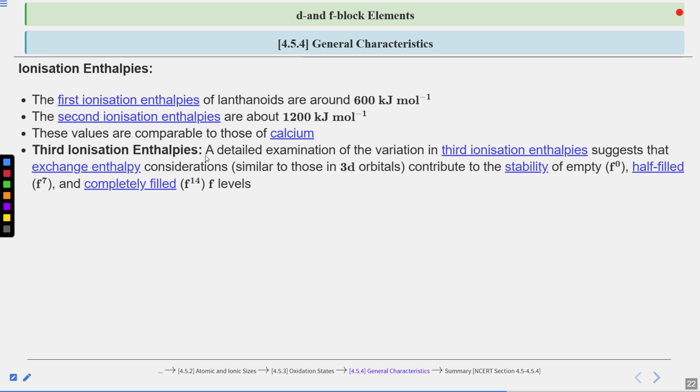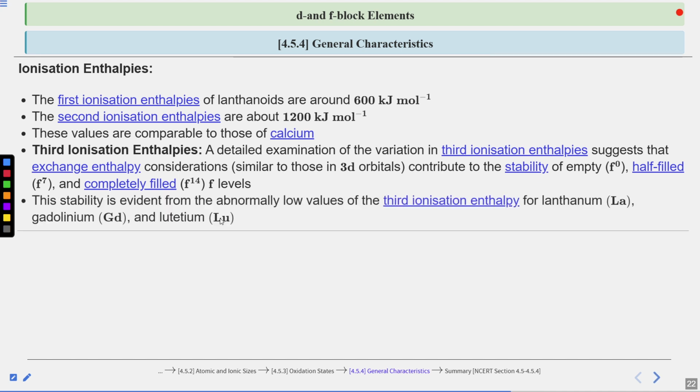A detailed examination of the variation in the third ionization enthalpy suggests that exchange enthalpy considerations, similar to those in the 3d orbitals, contribute to the stability of empty, half-filled and completely filled f levels.